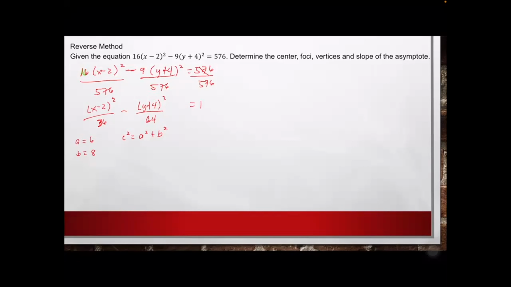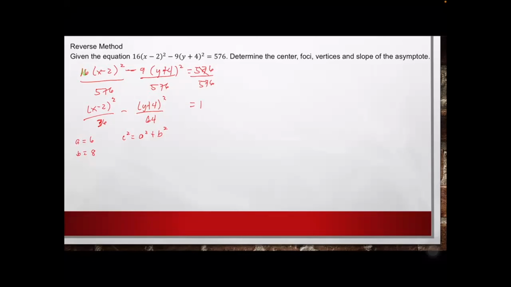Okay, so magkakaroon tayo dito ng 16, then quantity of x minus 2 squared, then minus 9, the quantity of y plus 4 squared is equal to 576. I-divide lang natin ang ating given sa constant natin. Ang constant natin ay 576 kasi dapat mag-equal siya kay 1. So, divide natin siya sa 576 and 576.